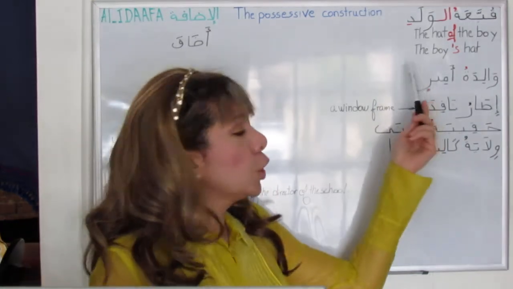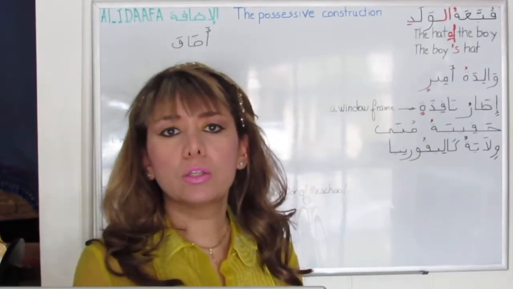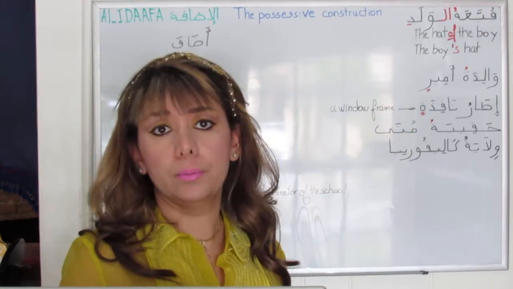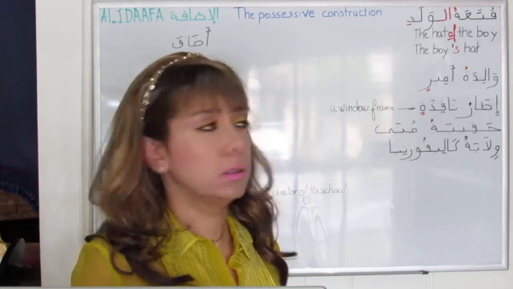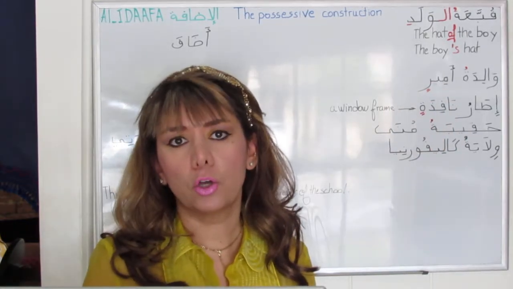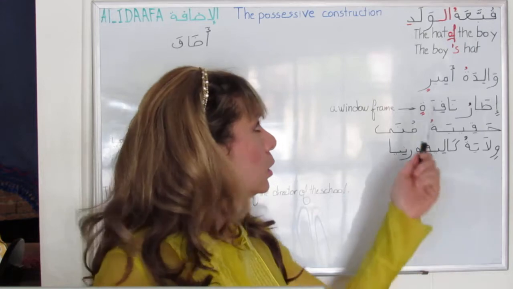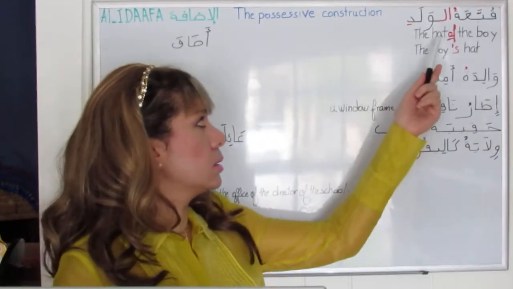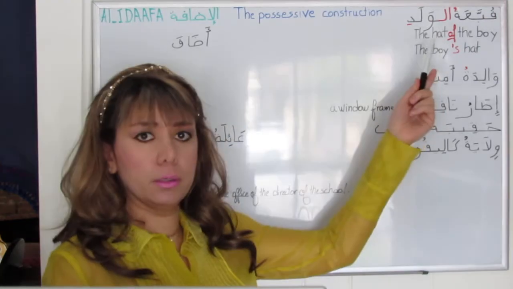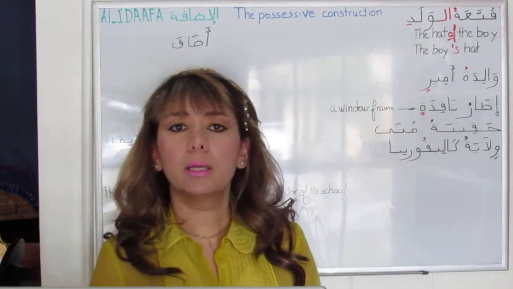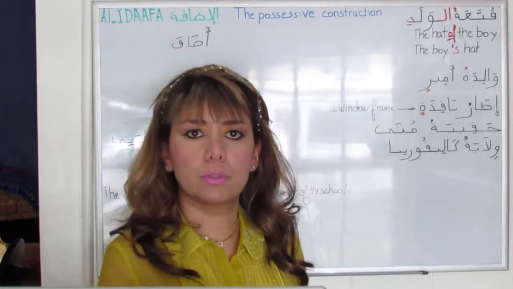In English, we have two ways of translation of this sentence. قبعة الولد, the hat of the boy, or the boy's hat. But mostly this structure works better for translation because Arabic is written from right to left.